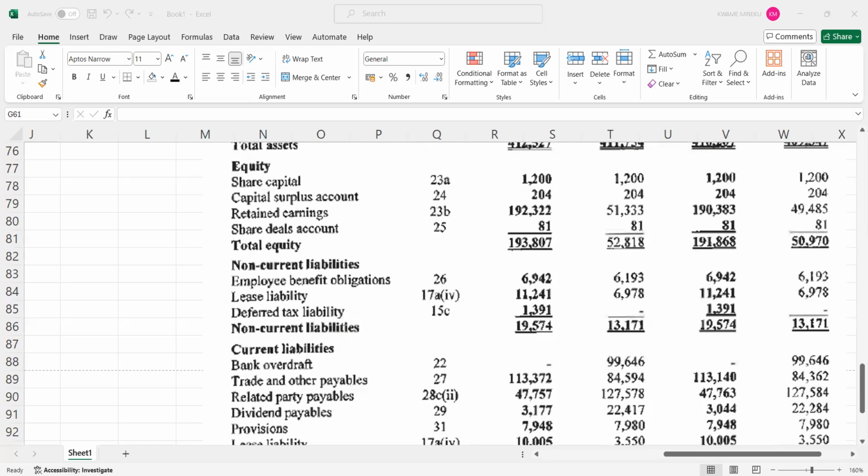Anyway, when you go to footnote 29, you see the payment during the period.